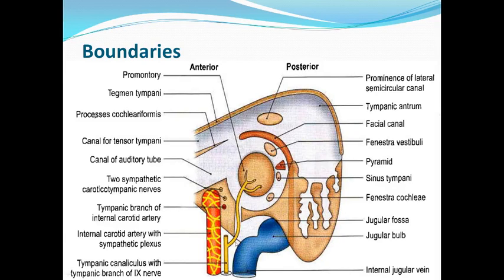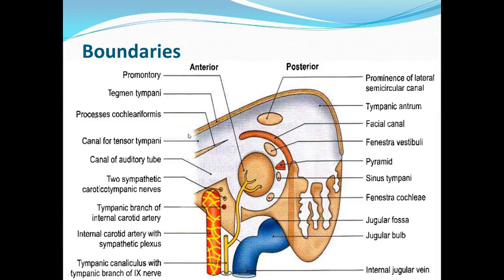So the tympanic branch of the glossopharyngeal nerve is transmitted through this tympanic canaliculus, which is medial to the floor of the tympanic cavity, or the jugular wall of the tympanic cavity.